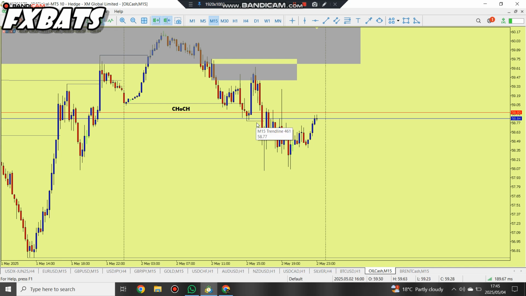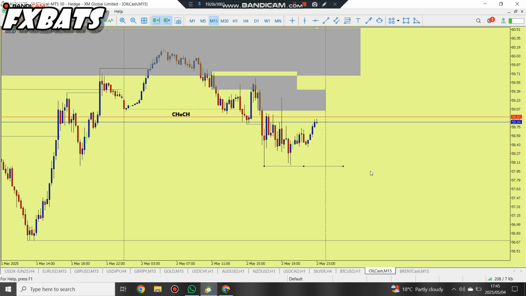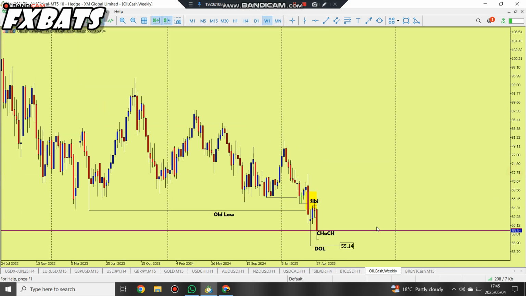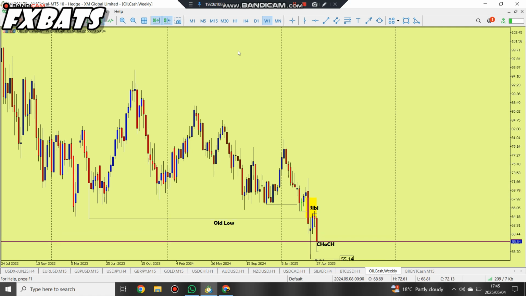After the break of structure, we expect price to mitigate our area of premium, which was actually our area to mitigate. So we're hoping to see oil continuing to sell towards our first area of target, the swing we see on H4, and the weekly swing we're hoping to draw towards at price level 55.144.